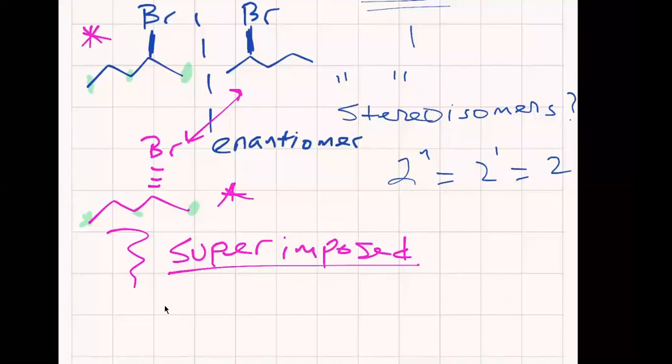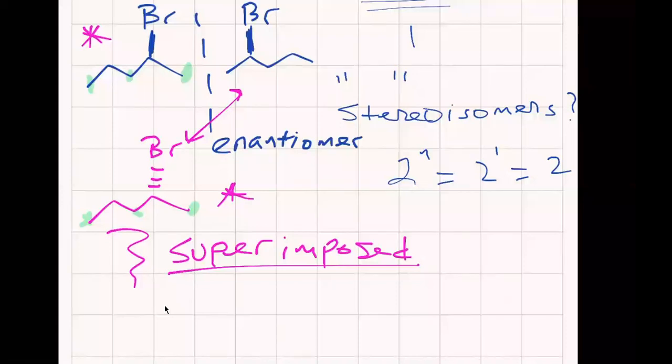Now the question is, are they gonna lay flat against one another? Like will you be able to line all the atoms up? Yes. No. So one yes and one no.